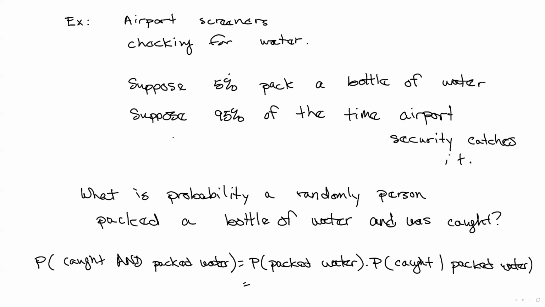What's the probability that they packed water? 5% of the passengers packed water, that's 0.05. And then what's the probability that you get caught? 95% of the time you get caught. So you get 0.05 times 0.95. We can break out our calculator. 0.05 times 0.95 is 0.0475. So that's 4.75%.